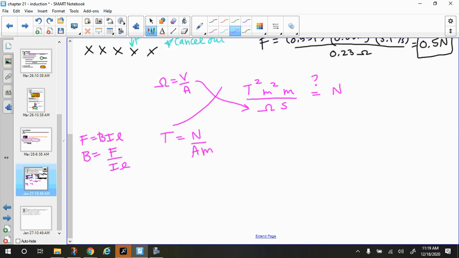So I can plug that into there, and that gives me newtons squared over amps squared meters squared times meters squared, well, that's meters cubed, divided by an ohm, which is a volt over an amp.